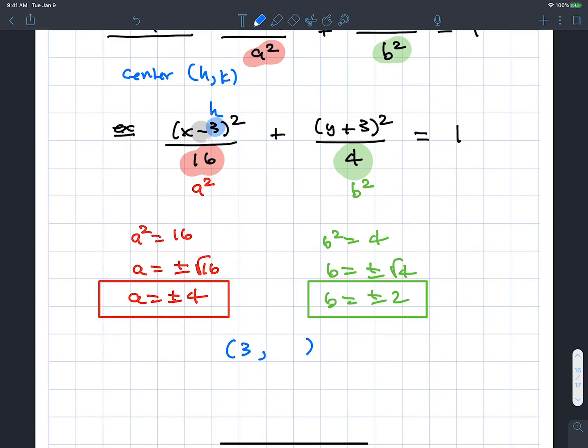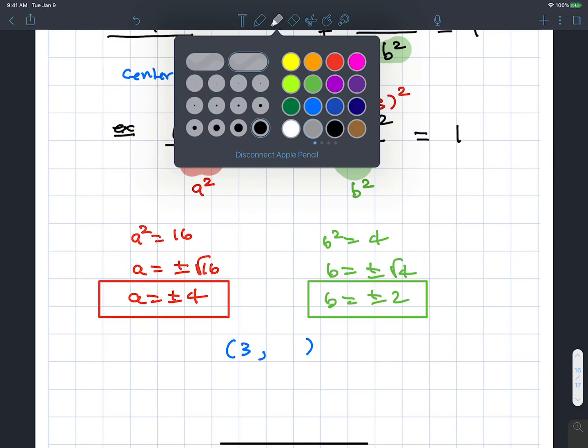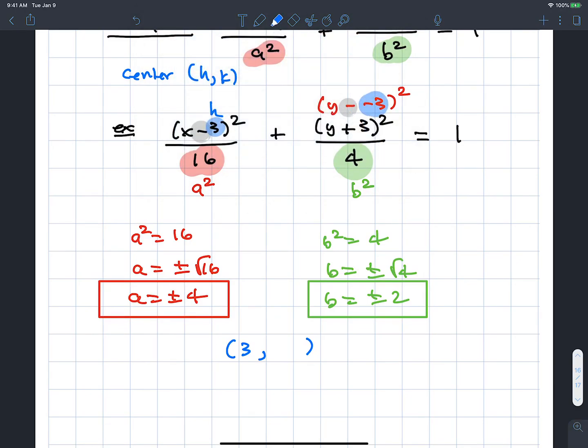And then you say, but I have a plus here, I don't have a minus. So this is y minus a negative, so my minus sign and the k value is after. That means k is negative 3, just like the parabola.